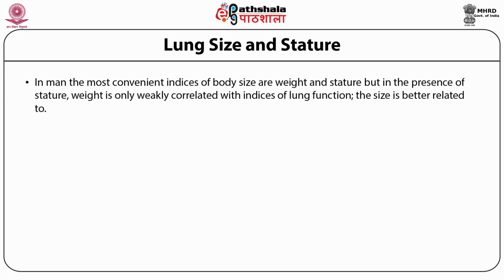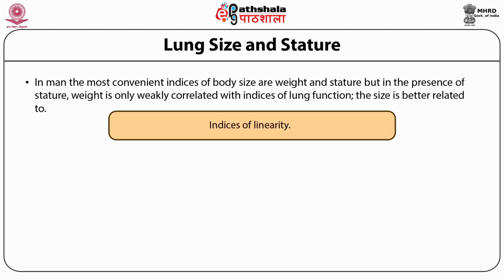In human beings, the most convenient indices of body size are weight and stature, but in the presence of stature, the weight is only weakly correlated with the indices of lung function. The size is better related to the indices of linearity.